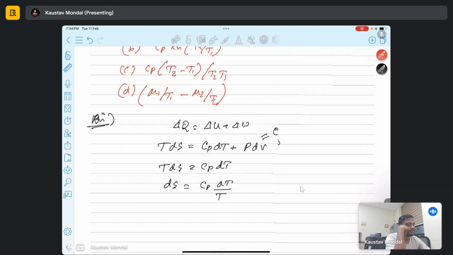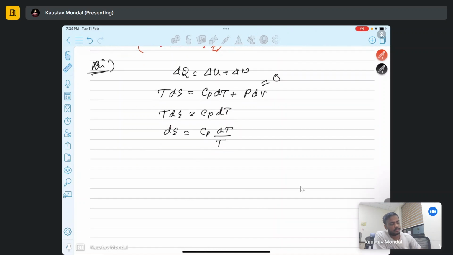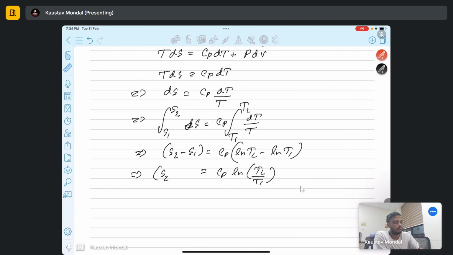Then what should be the change in entropy? So we have written the change in entropy in the differential form. Now if you integrate it, we get S1 to S2 of dS equal to Cp times the integral from T1 to T2 of dT by T. So this gives S2 minus S1 equal to Cp (ln T2 minus ln T1), that is, Cp ln T2 by T1 is S2 minus S1, right?